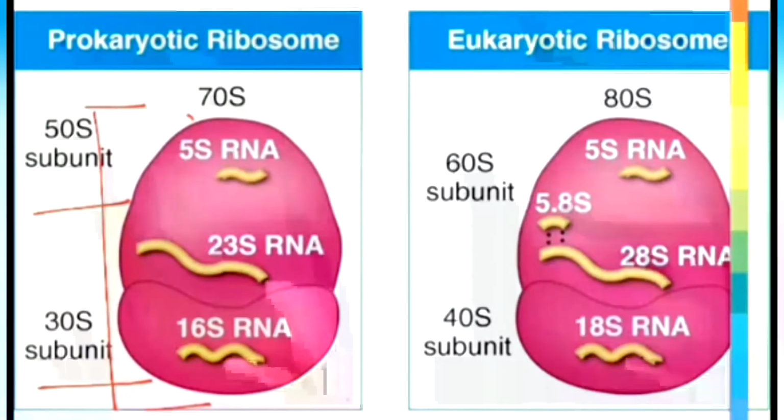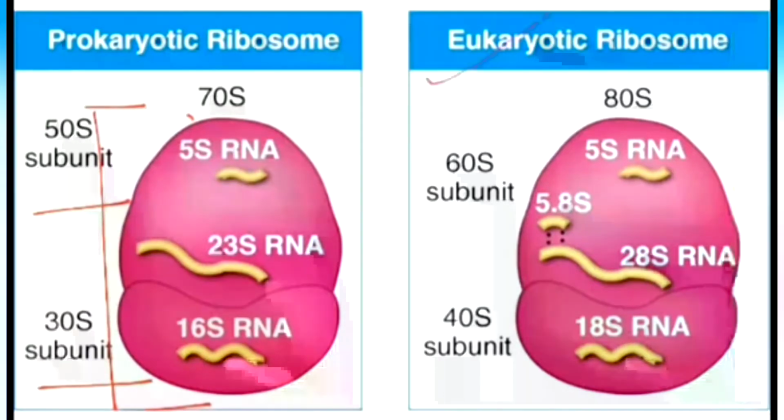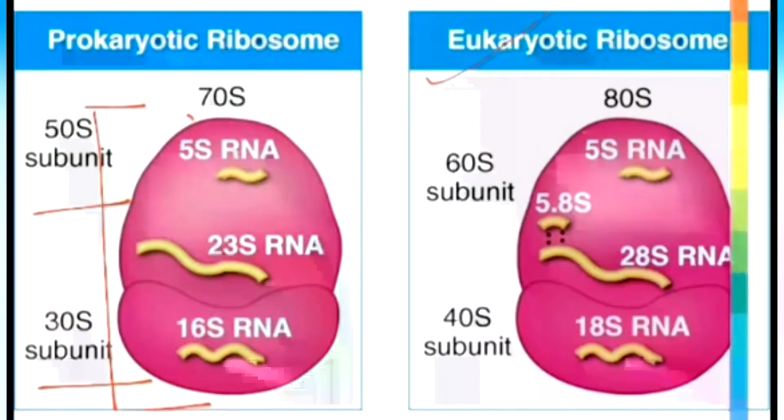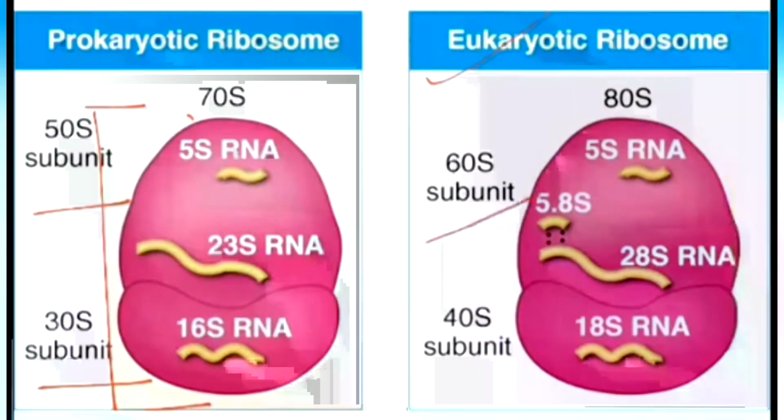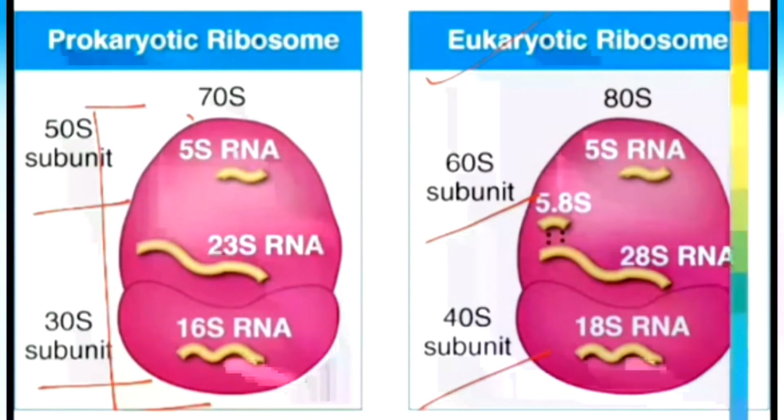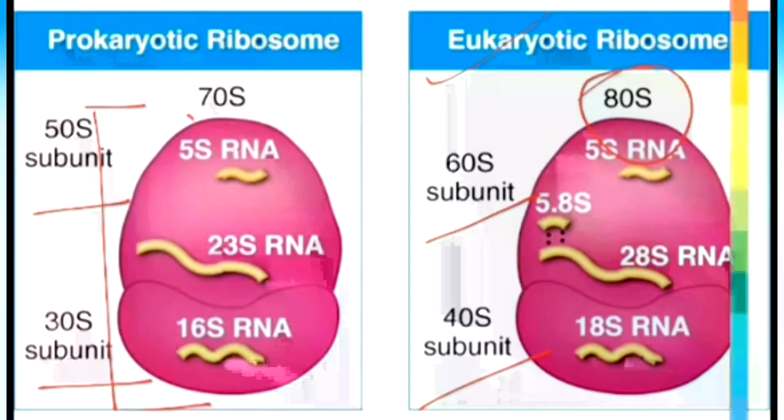Moving on to the eukaryotic ribosome. Again, the larger subunit is 60S and the smaller subunit is 40S. So 60 plus 40, we should be getting 100S, a total eukaryotic ribosome of 100S, but what we are getting is 80S. Why? Again the same thing.